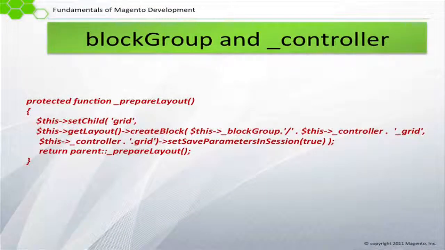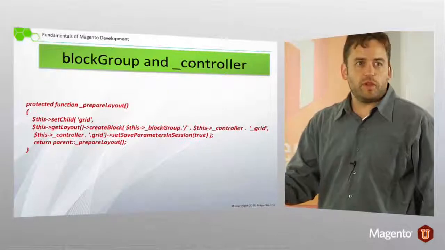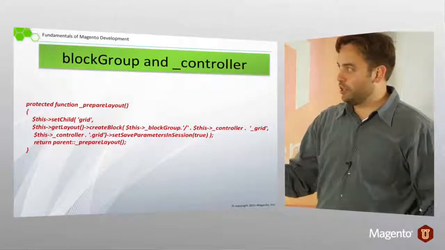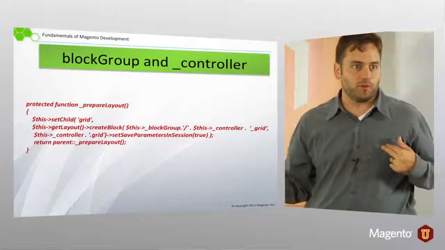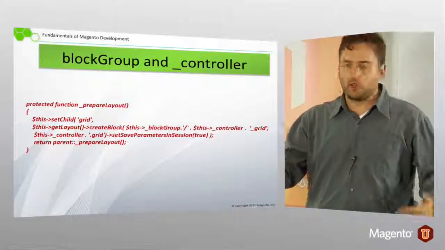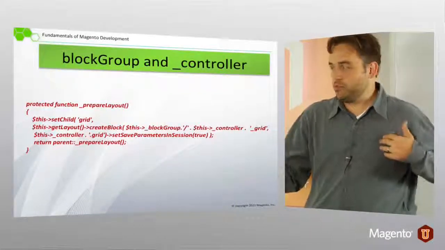What's happening is prepare layout is being called. So prepare layout will automatically set a child, here a child named grid, and the block that it creates is going to be based on the block group. So again, this is our map for a module. If we're using our block, we certainly need to specify our class group name for our blocks. Create block, and my class group name is training for blocks.